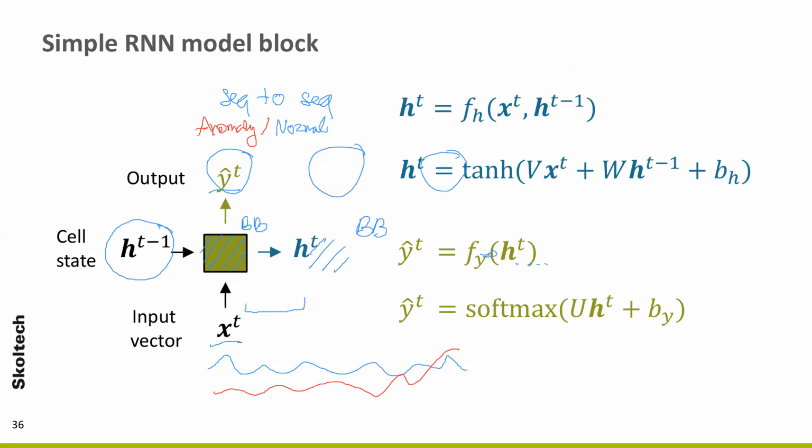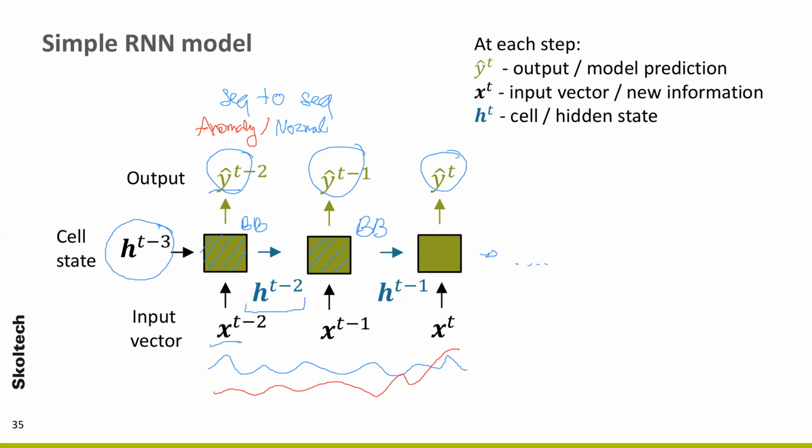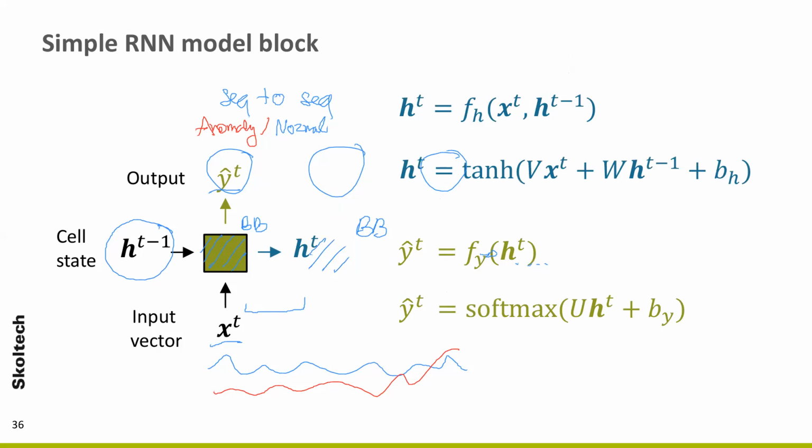What's important is that we don't need to train a separate model for each part. We can say that we have the same model, the same parameters, for all steps.